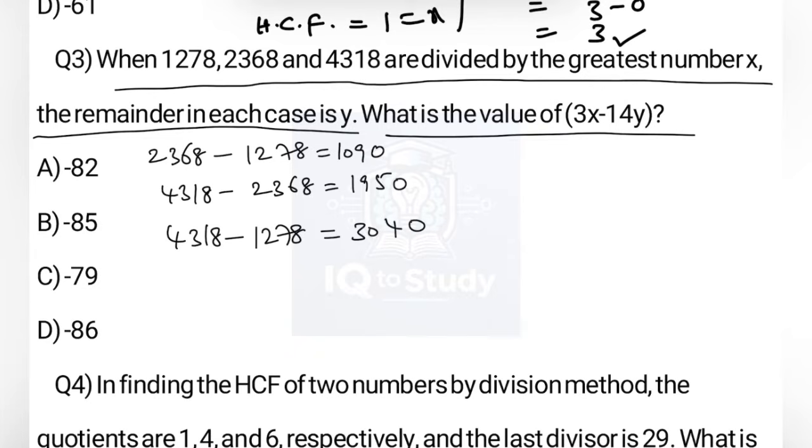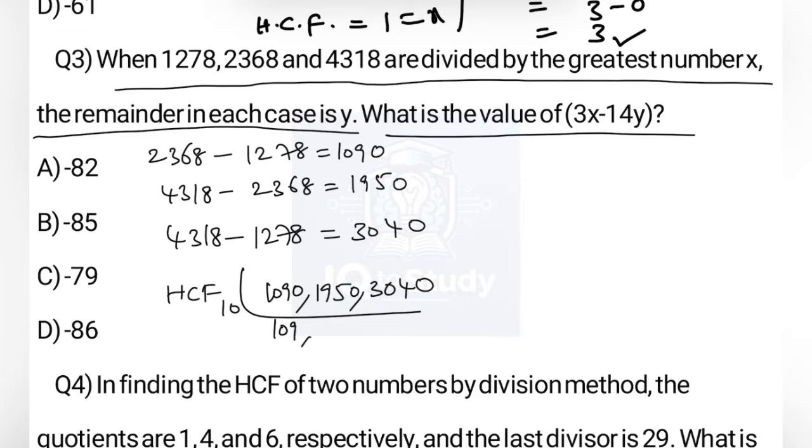Let's find the HCF of 1090, 1950 and 3040. So HCF is equal to 10.